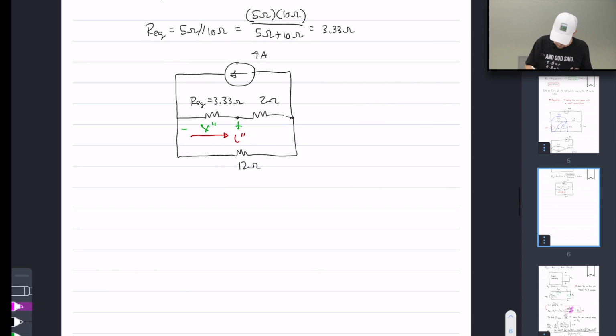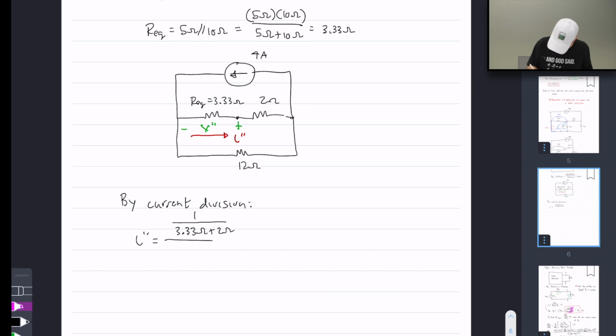So we need to add in a minus sign by hand. So by current division, we can find that I double prime is 1 over the 3.33 plus 2 ohm of that branch divided by the equivalent resistance of this branch plus that branch put together.